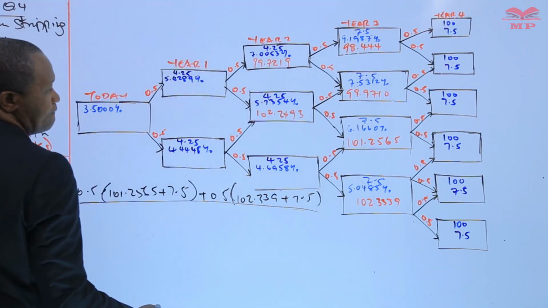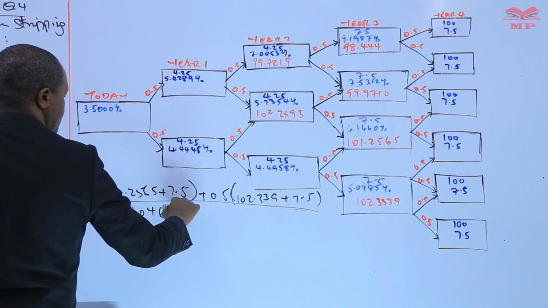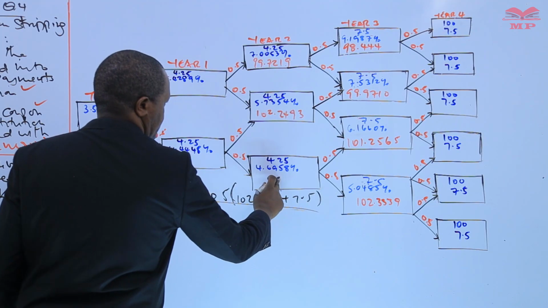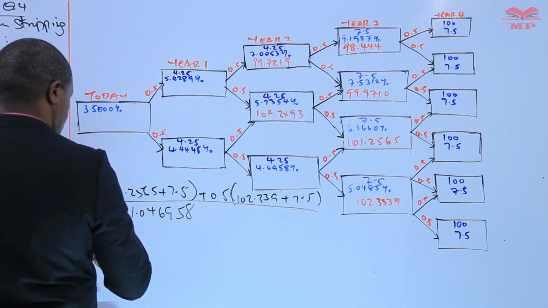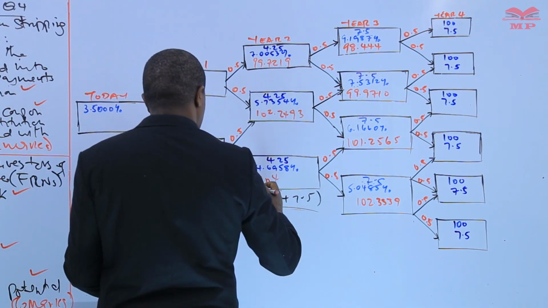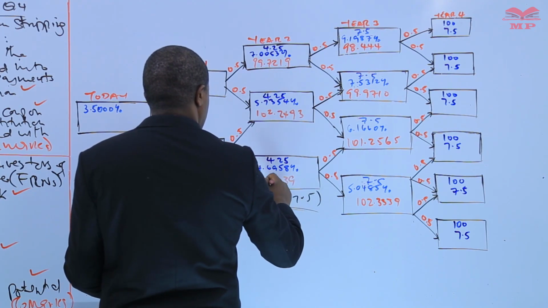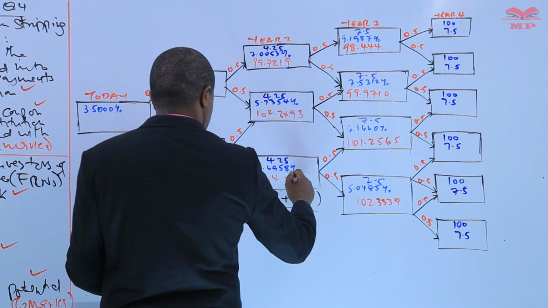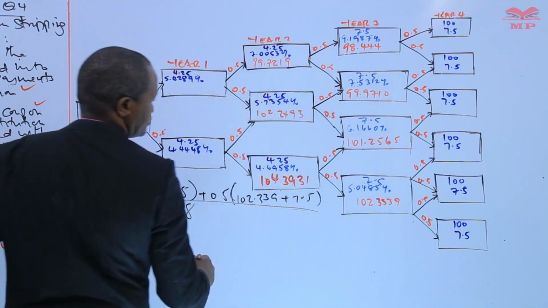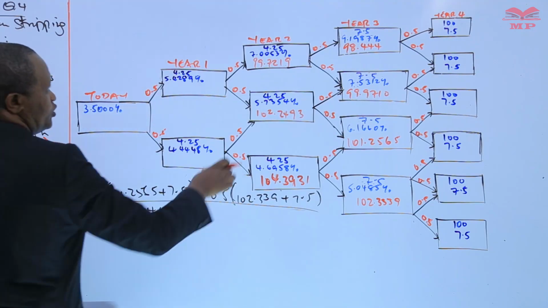Divide by 1.046958. The total, we'll write it here: 104.3931. We are through with year 2.